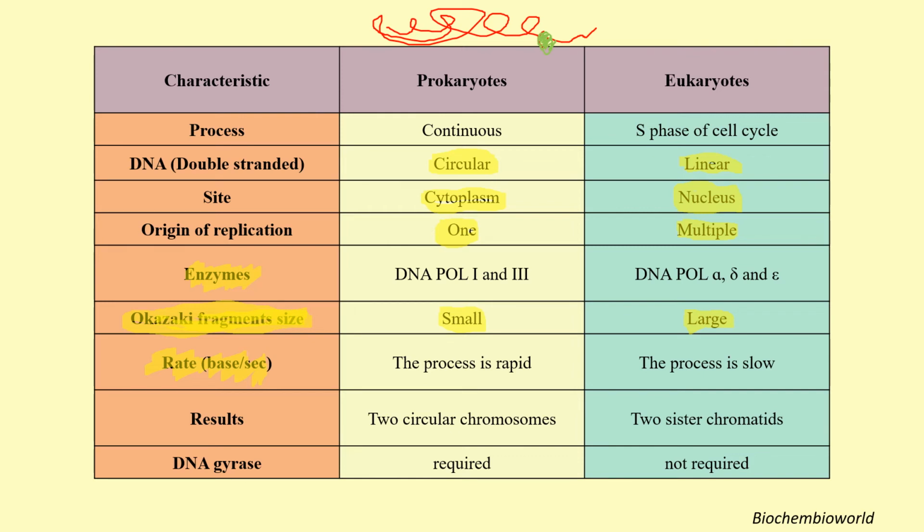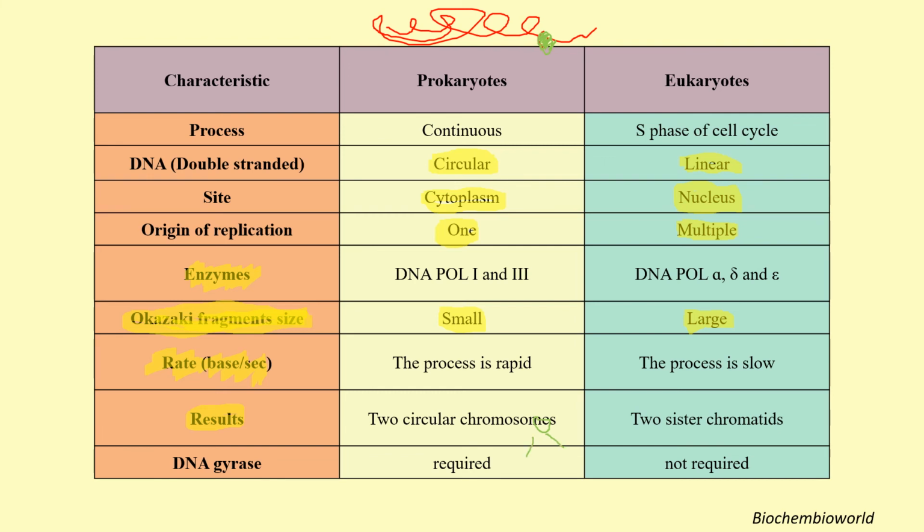Okay, and what are the results? What do we get after replication? In prokaryotes, we get two circular chromosomes. Whereas in eukaryotes, they are usually two sister chromatids, like two separate chromosomes from one parent cell.